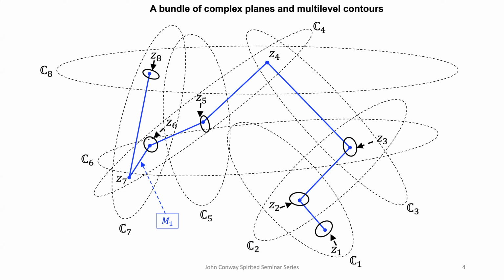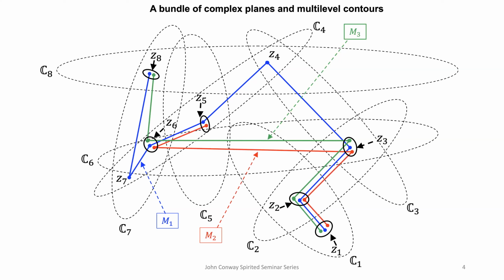This I call a multi-level contour. See, they travel from one plane to another plane. Z1, Z2, Z3 are all complex numbers on these planes. Then we have several contours; for example, I have arbitrarily drawn 3 contours, which I call M1, M2, M3.